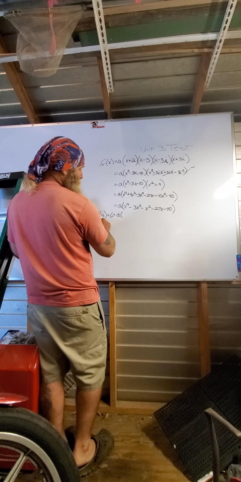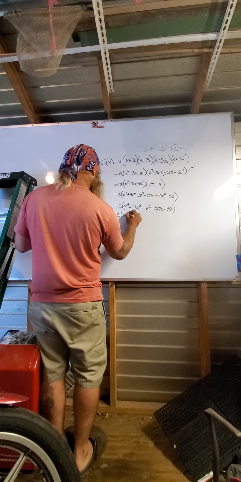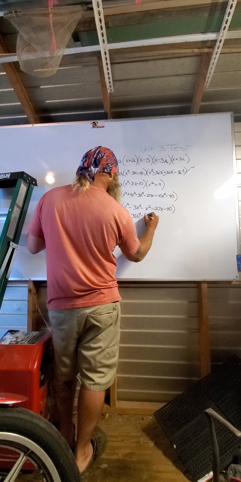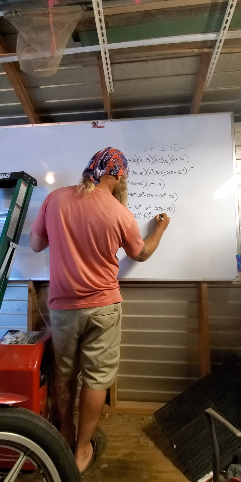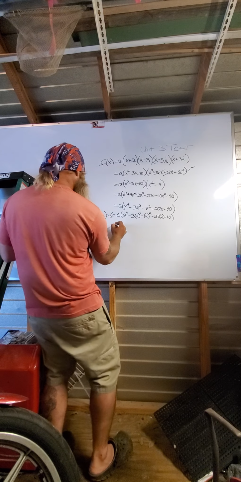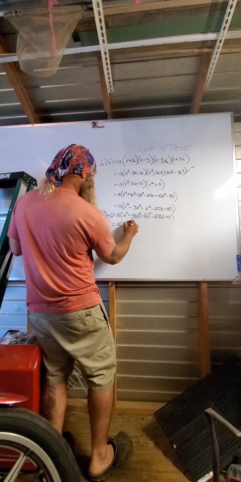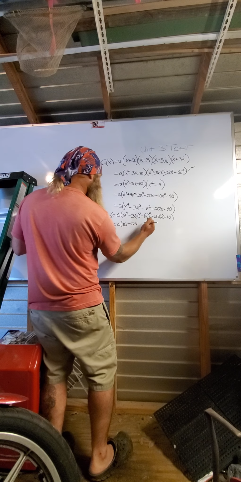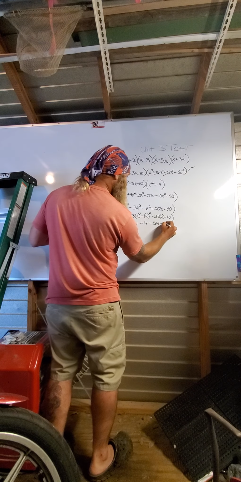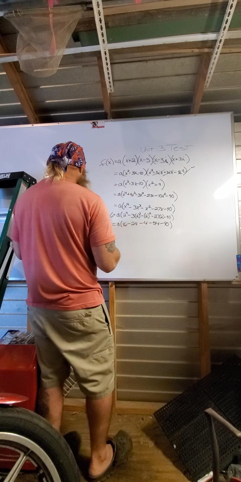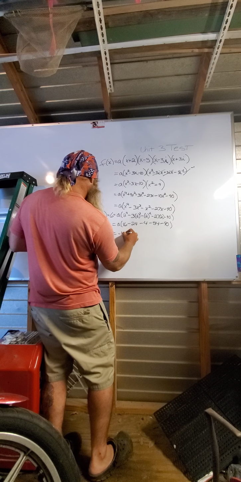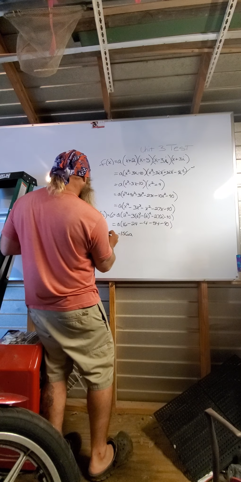So we pump in our 2 here. Simplified, we have 16 minus 24 minus 4 minus 54 minus 90, which equals negative 156 A. We have 6 over here.